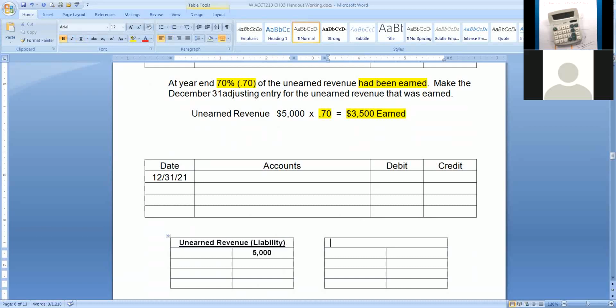Now we have earned revenue. Okay, so our revenues are always going to be credits. Again, you do not need to put this earned in here.